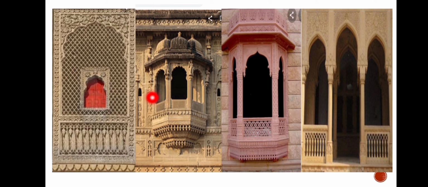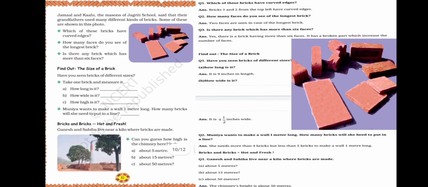These are jharokha. Jharokha also follow a different type of brick pattern. A jharokha is a type of overhanging enclosed balcony. In old days, jharokhas were used by kings to meet and address their people, which is known as jharokha darshan.